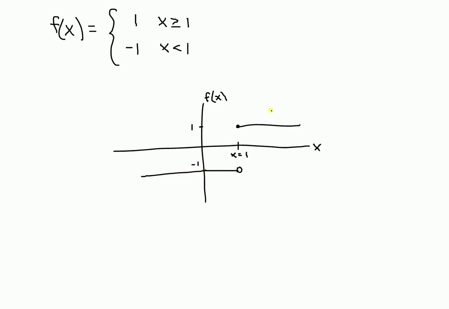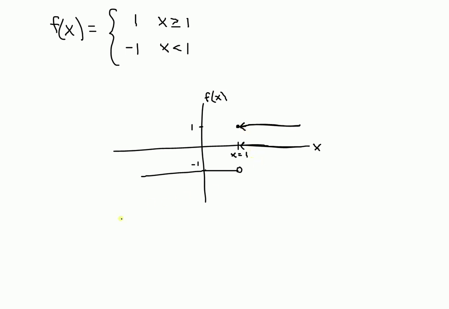So now, what happens as we approach x equals 1 from the right? Basically saying, as x gets closer and closer to 1, what does f of x approach? Well, we would be approaching it on this line here. f of x is approaching 1, right?